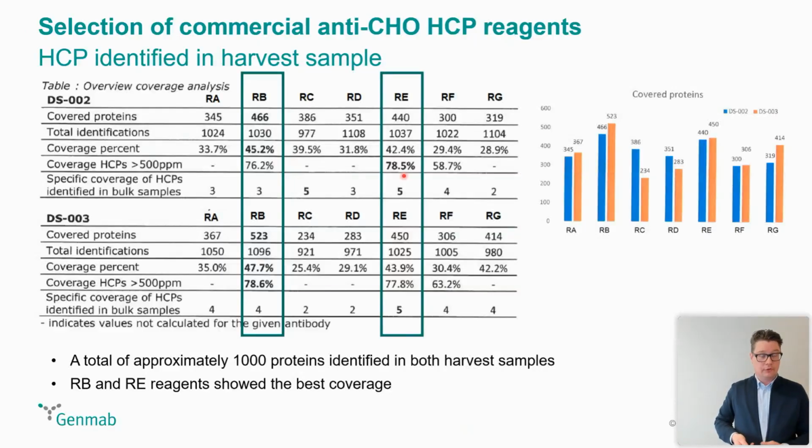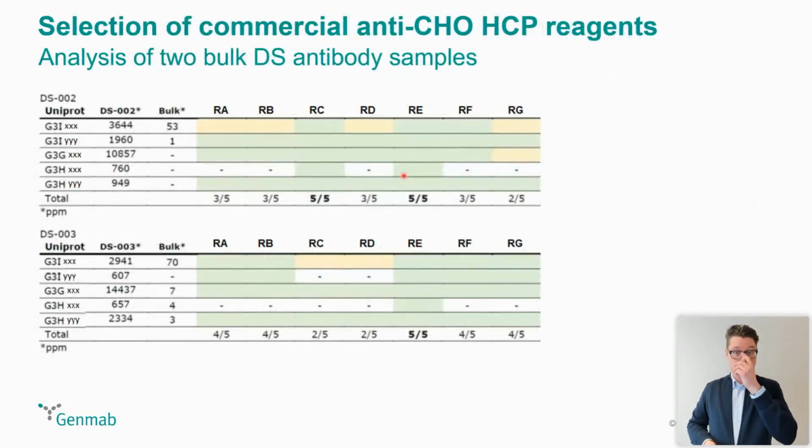What we further looked into, so this was a coverage analysis performed on a harvest sample, but since we already did the HCP profiles on the bulk antibody samples, we could also look at whether the different reagents actually covered the HCPs that were present in the actual product.